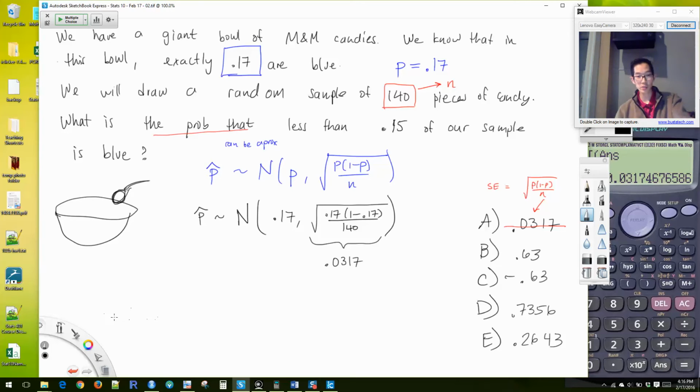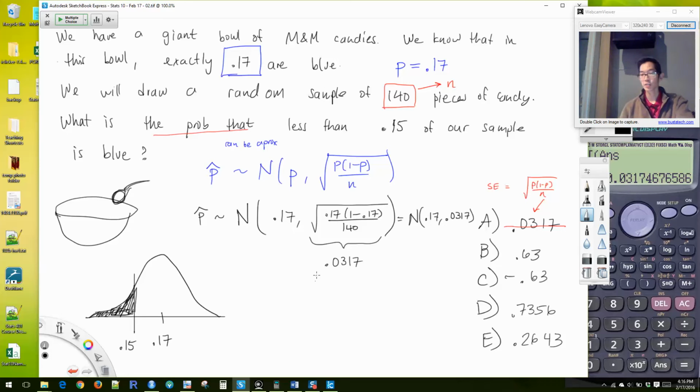So in our case, we've got a normal distribution, let me just rewrite this: normal, 0.17, standard deviation 0.0317, okay? I've got a normal distribution centered at 0.17, and I'm coming down to 0.15, and I want to know the probability of being over here.